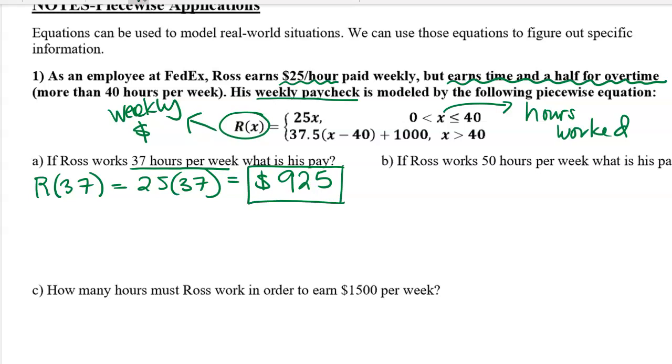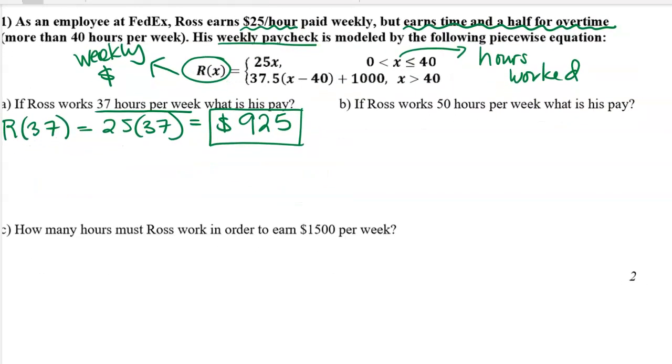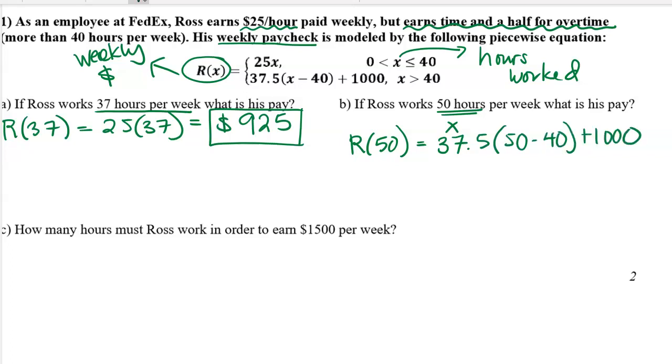Okay. Part B. Nick, can you help us read part B? So, Nick, out of the two pieces on this piecewise function, are we using the first piece or the second piece? Perfect. So, students, this is x. So R of 50 equals 37.5 times 50 minus 40 plus 1,000. Go ahead and work it out.